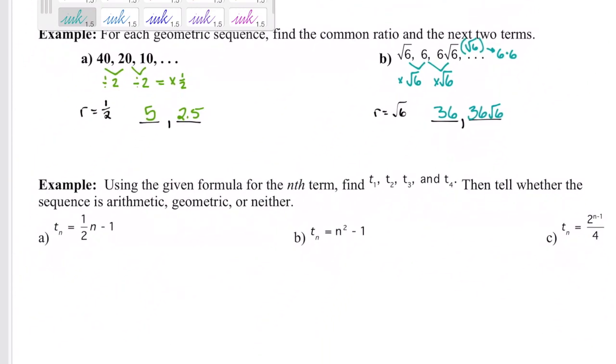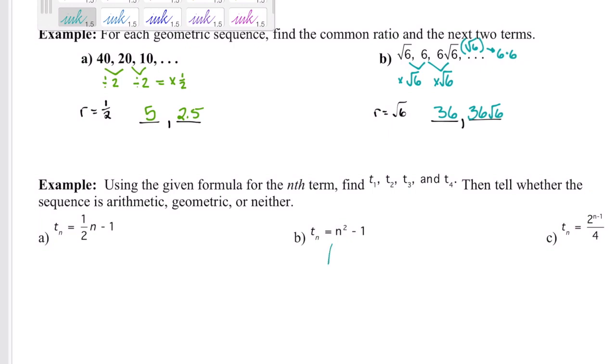All right, next bit. So they've given us a formula for the nth term. The nth term is just saying any term: the 11th term, 71st term, first term, 7th term, whatever. They're just giving us this formula to find each of those terms.